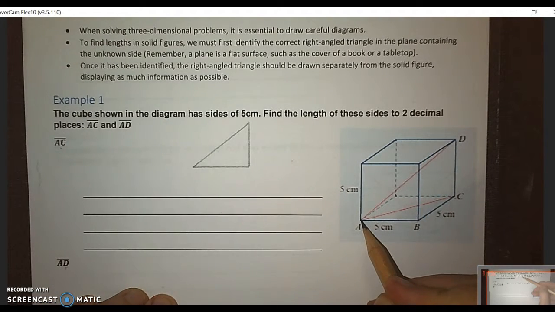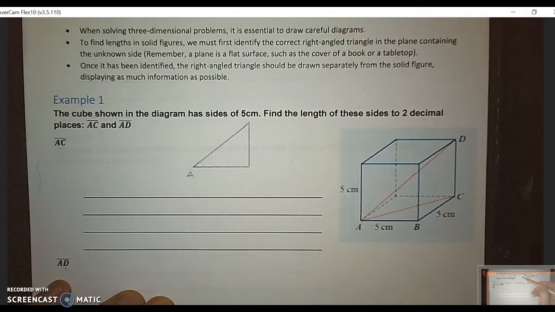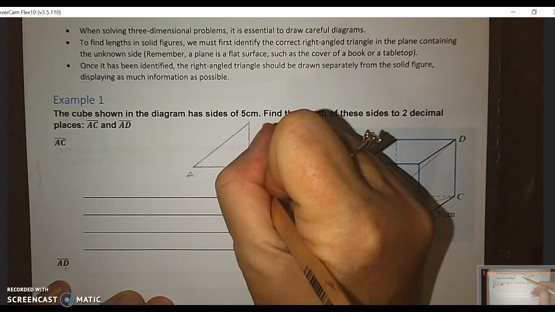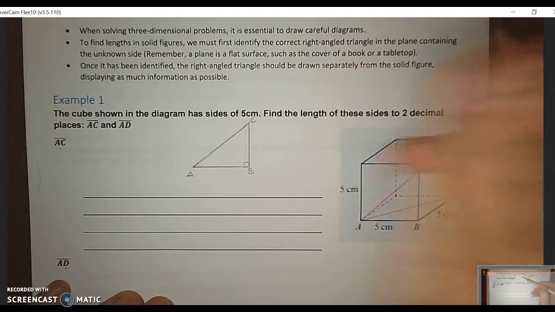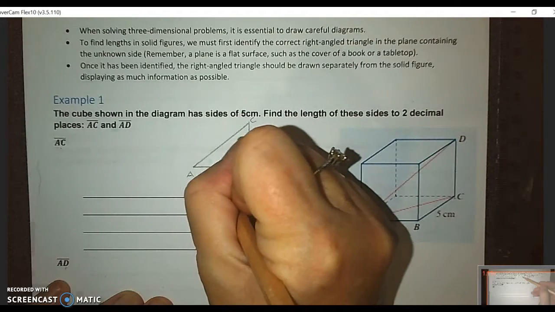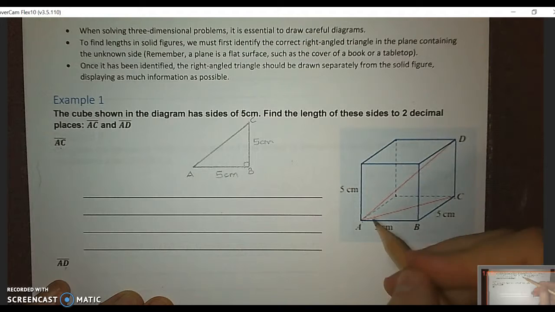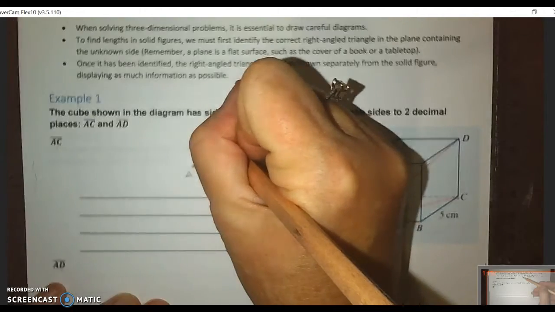This point here is point A. This point here is point B. And this point here is C. And they're all 5 centimeters long. And then we have to find the length of A to C. So this is what we are trying to find.